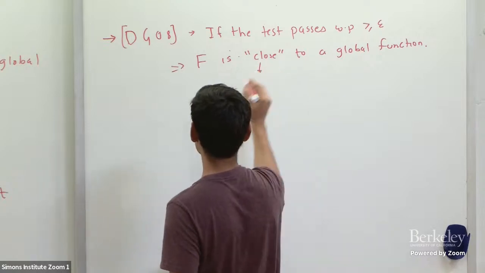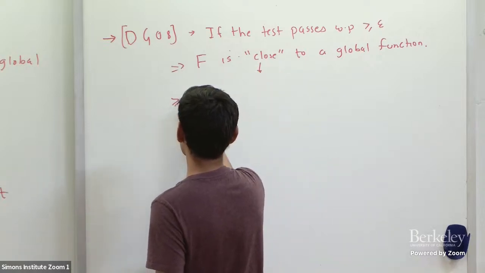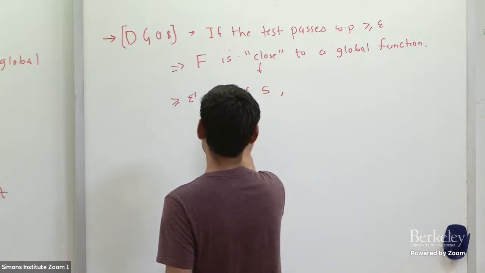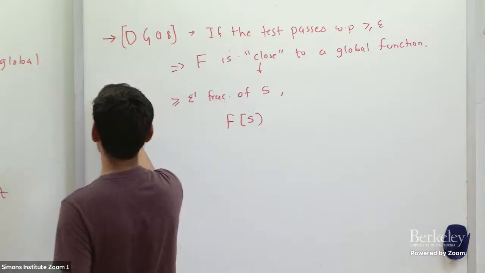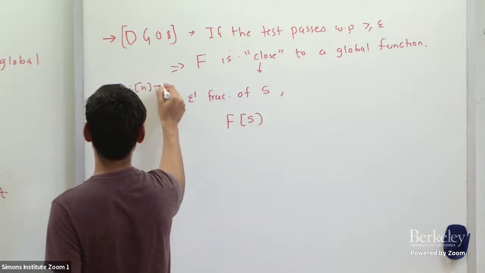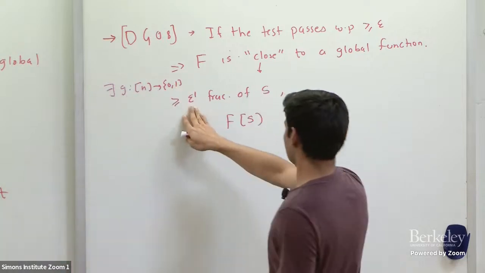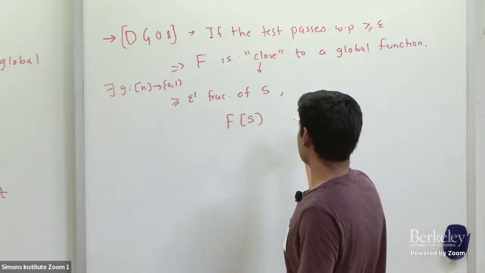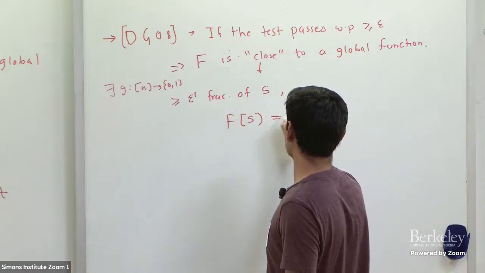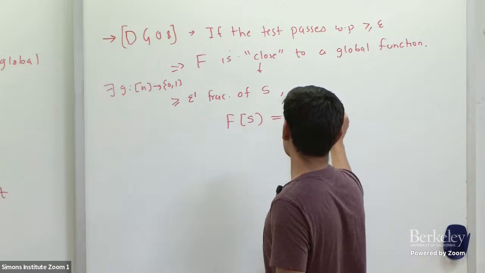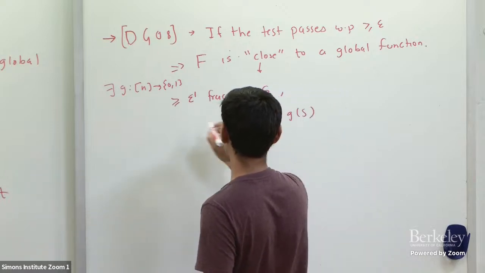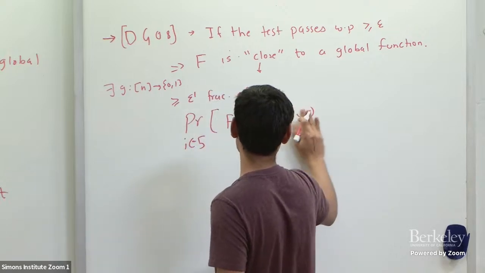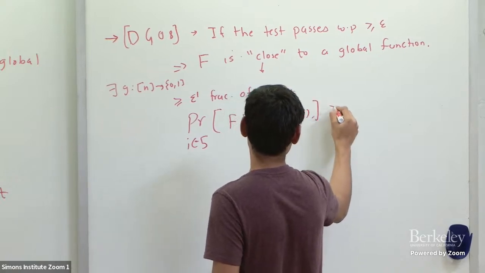What this means is that there exists a global function G from n to 0,1 such that for at least some constant fraction of the sets, constant depending on epsilon, this string agrees with the global string on all but a constant fraction of the coordinates. So the probability over I in S that F of S at I is the same as G of I is at least 0.9.